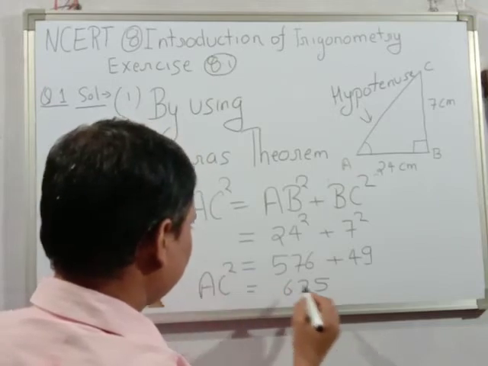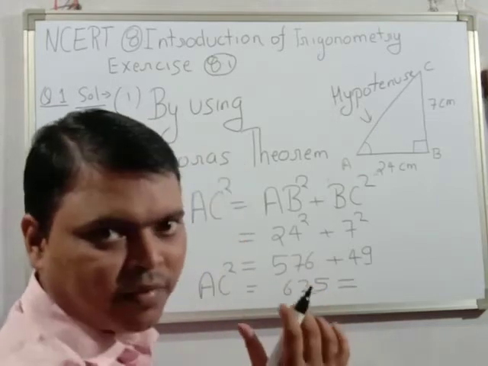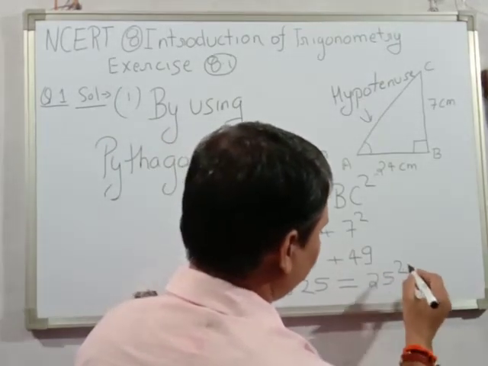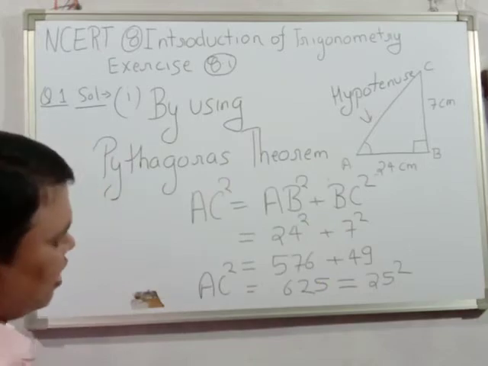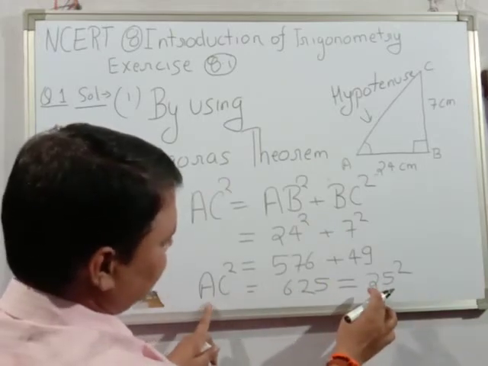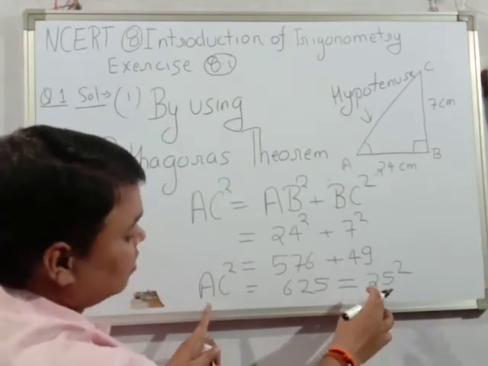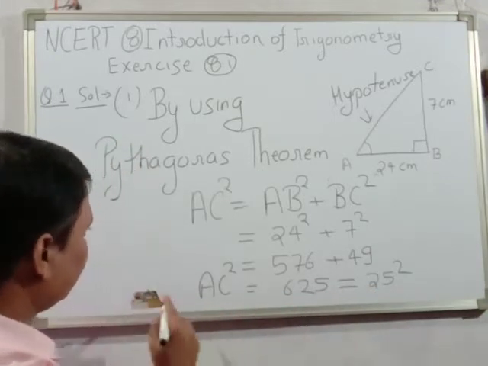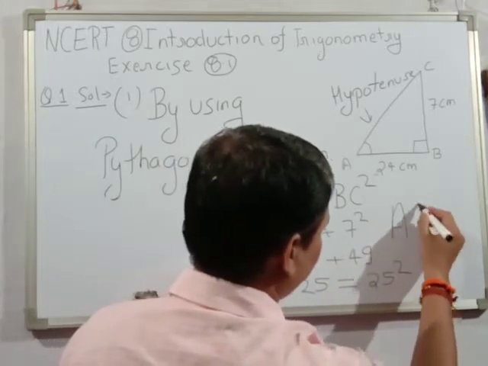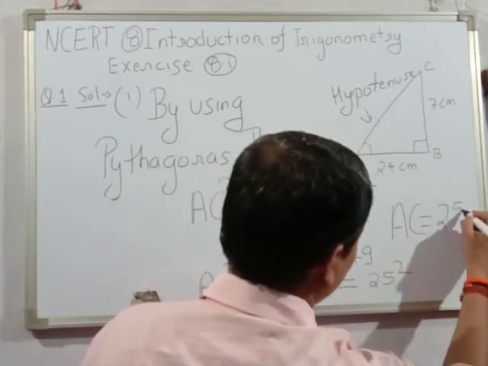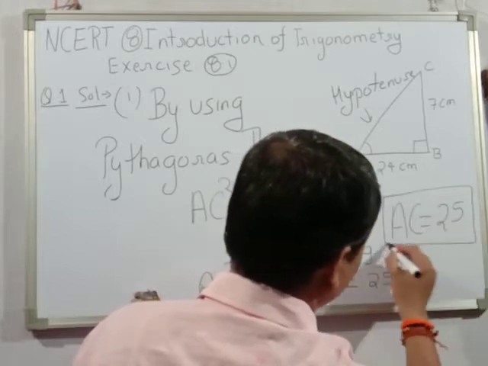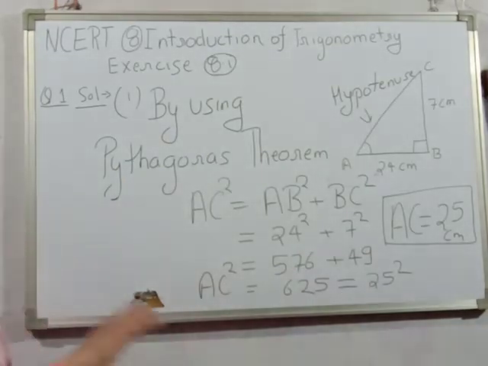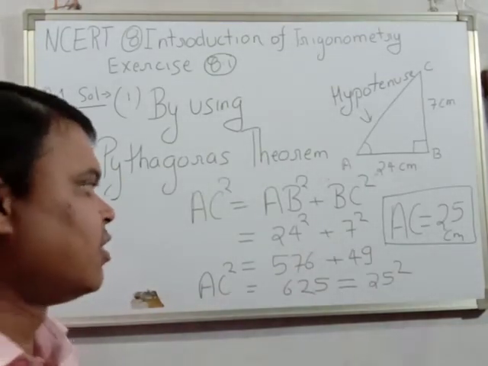AC square is 625. 625 is square of 25. Taking square root on both sides, we get AC is equal to 25 centimeter.